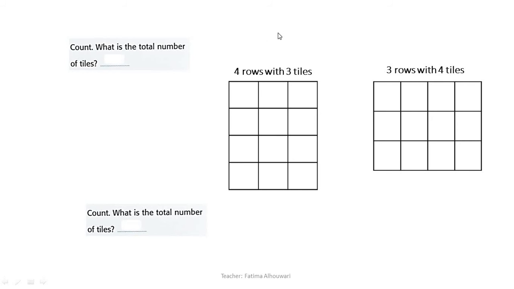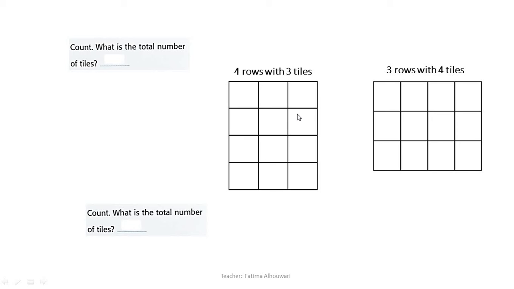So at the beginning, we drew this array, 4 rows with 3 tiles. And then when we turn this array, we get a new array of 3 rows with 4 tiles. And we get the same total number of tiles in these two arrays.